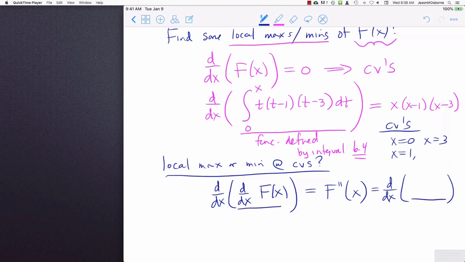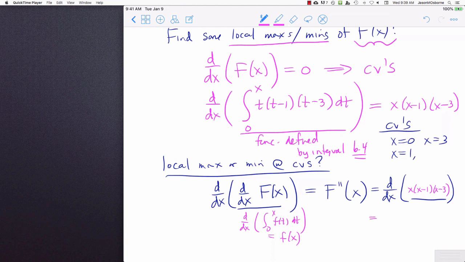But the second fundamental theorem of calculus says that the derivative of the integral from 0 to x of any function f of t dt is equal to f of x. Okay. So our function f of x was x times x minus 1 times x minus 3.